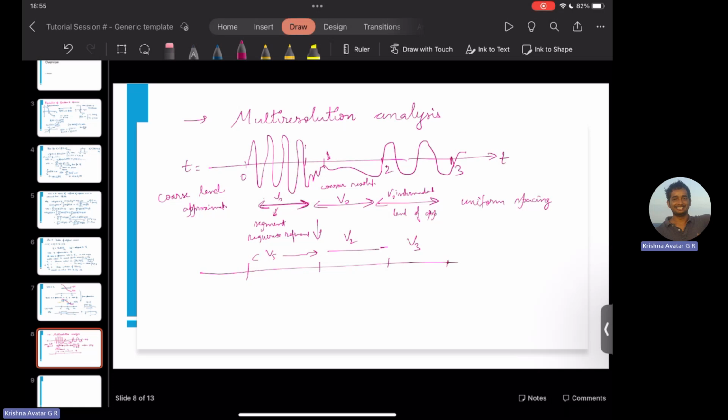And we always kept checking to what level of accuracy we were able to approximate our signal. Then we saw that we still have some error to cover. Then we did another level of refinement in this time segment 0 to 1, and call it V3 or V2. Again, checked it. We went deeper into the wavelet basis for the finer subspaces. Again, approximated it using our Haar wavelets and kept on going.